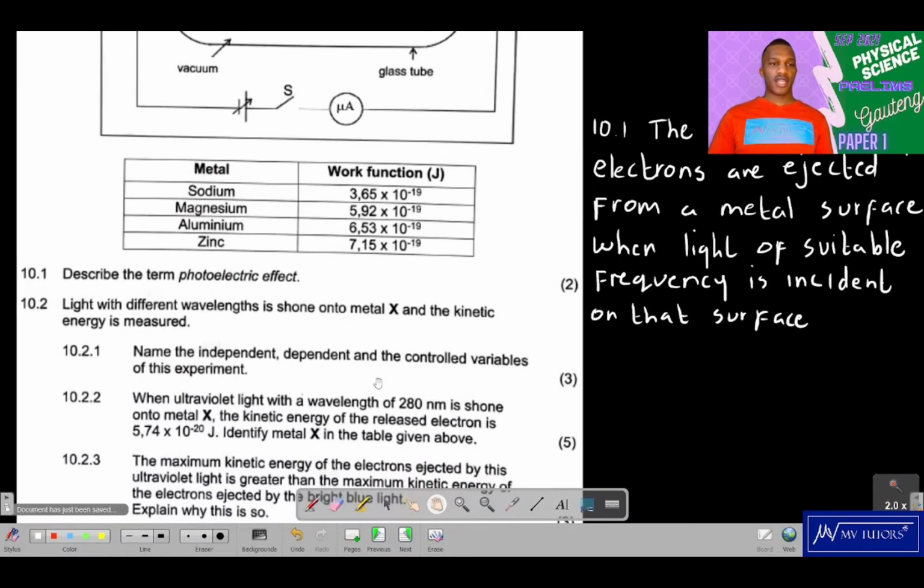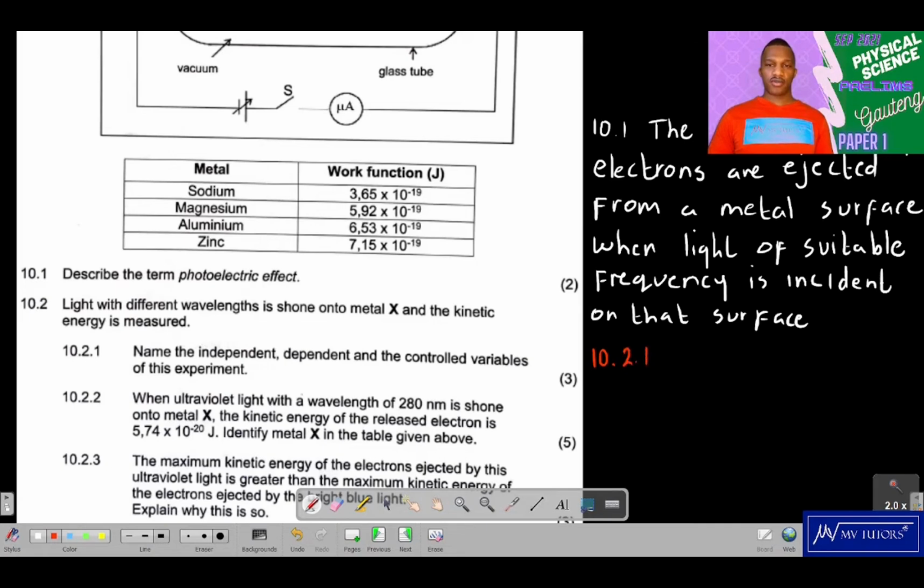So now they say light of different wavelengths is shone onto metal X and the kinetic energy is measured. Name the independent, dependent, and controlled variables. Okay, so you should know these based on theory as well. 10.2.1.